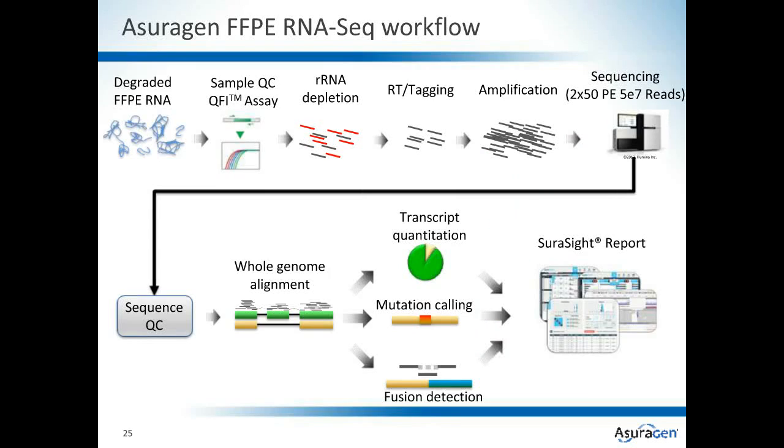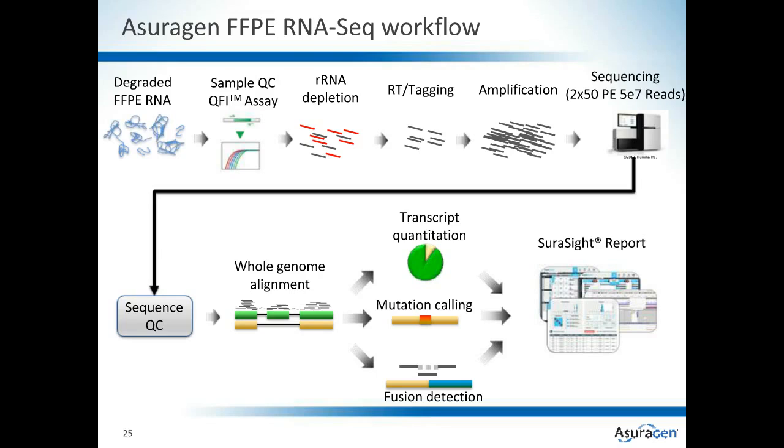Asuragen has developed an integrated whole transcriptome RNAseq workflow that is compatible with FFPE RNA. Starting from degraded RNA, we apply a QFI qPCR assay to determine the functionality of the material. After applying this assay, we subject the RNA to a ribosomal RNA depletion step, followed by RT and tagging.